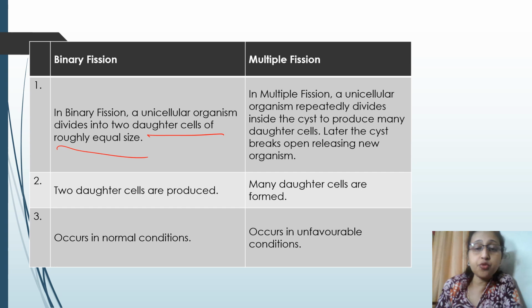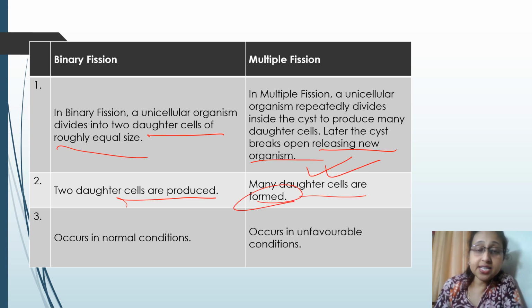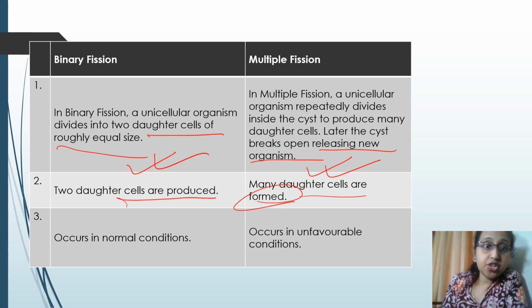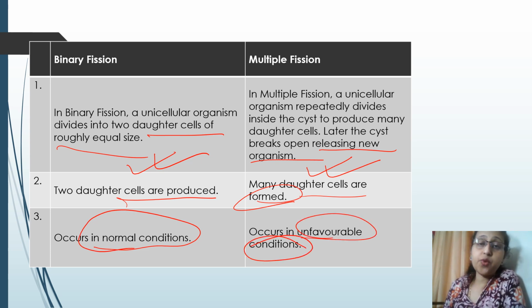Later the cyst breaks open, releasing new organisms, right? So in binary fission, only two daughter cells are produced, but in multiple fission, many daughter cells are formed. Binary fission occurs under normal or favorable conditions, whereas multiple fission occurs under unfavorable conditions.